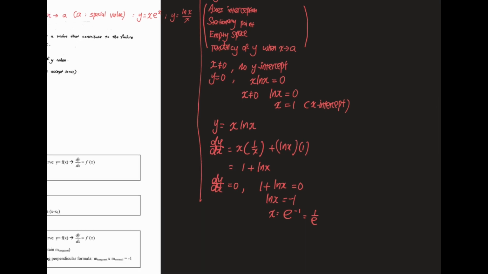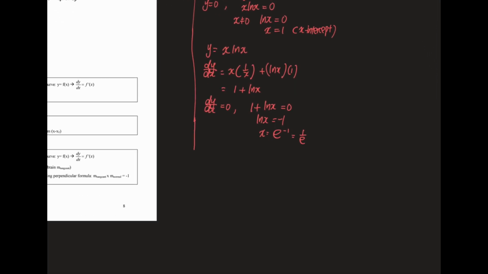So we find out the y. y equal to 1 over e times ln e^-1. Simplify this: the -1 you can move in front, then ln e is 1, so we end up with -1 over e. So the stationary point is (1/e, -1/e).